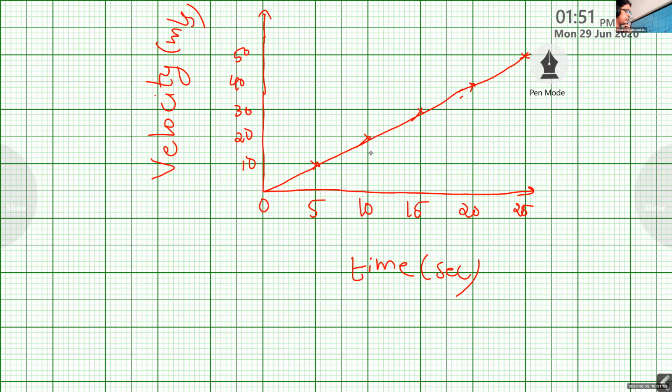Karthik, are you there? What is the equation to find acceleration that we have learned? A is equal to V minus U divided by time.